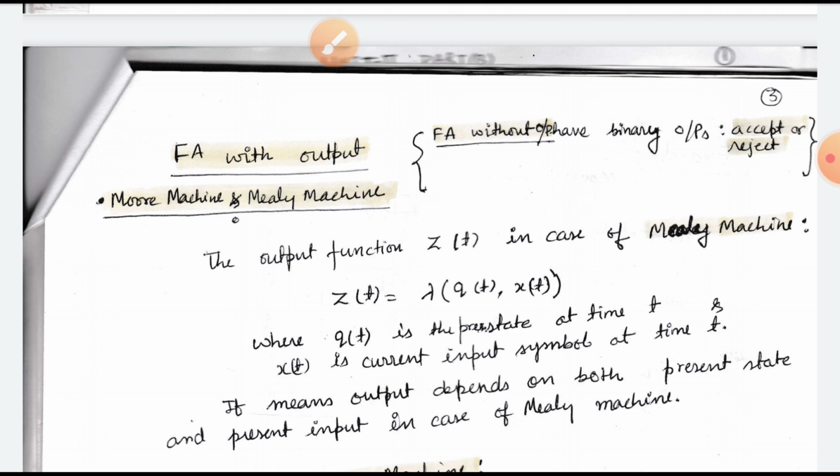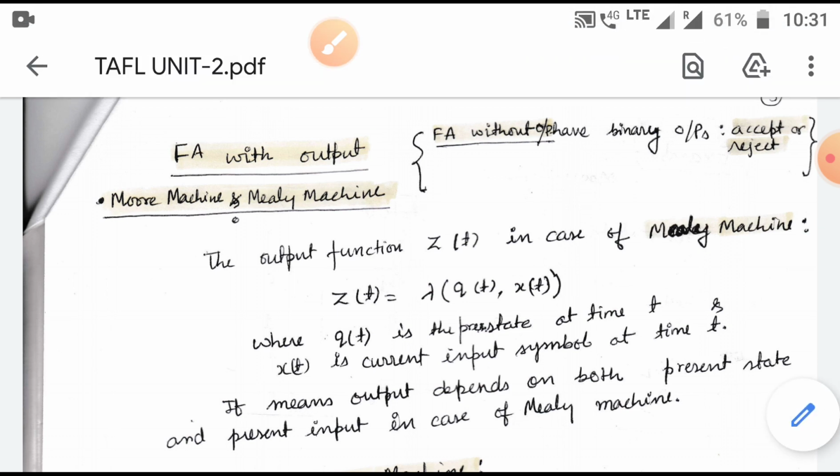These two machines are finite automata with output, and in this we have two more tuples, but one will be reduced because this is not a recognizing machine, so there is no need for a set of final states.